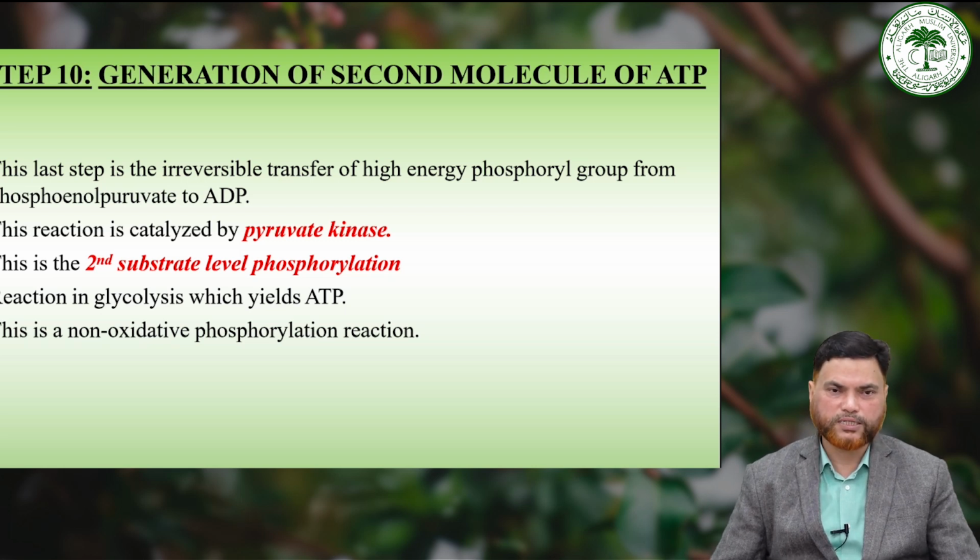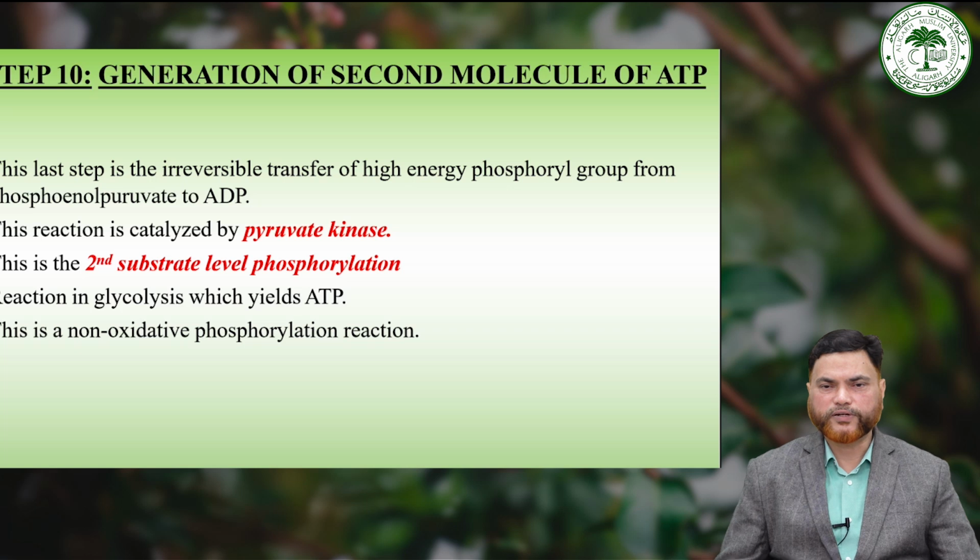This enzymatic reaction is facilitated by the enzyme pyruvate kinase, and this is again a very interesting example of substrate level phosphorylation. This reaction involves the transfer of a phosphoryl group from phosphoenolpyruvate to an ADP molecule, and magnesium ions are necessary for this reaction, and its activity is also enhanced by potassium ions.